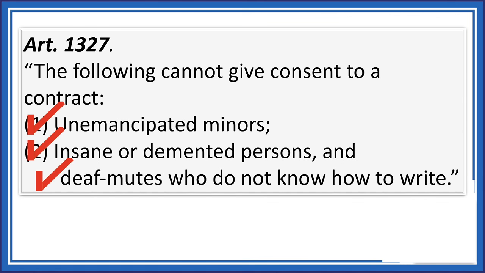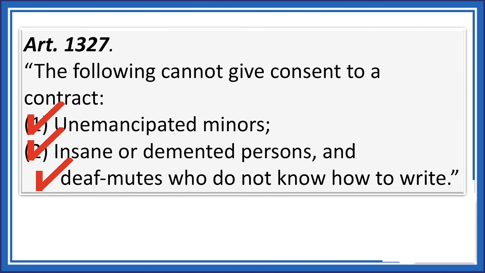Kasi yung rationale dito, they are not capable of understanding things. Unless nga kung marunong silang magsulat at magbasa, then at least masasabi natin they are capable of understanding. So then in that case, they have the capacity to give consent, right? The reasons for disqualifying them or for making them incapable of giving consent dahil dun sa situation na rin nila, like si minor, they are presumed na they are not yet or they are still unable to take care of themselves fully, right?